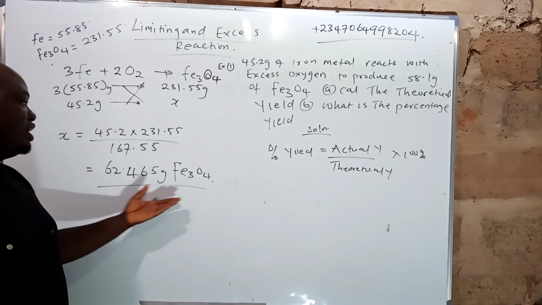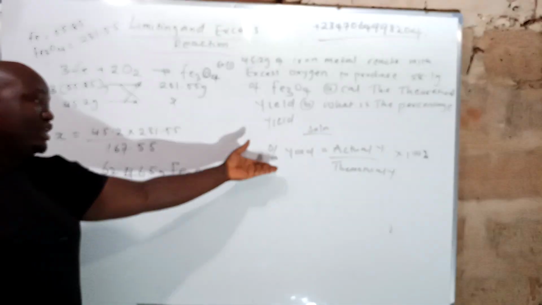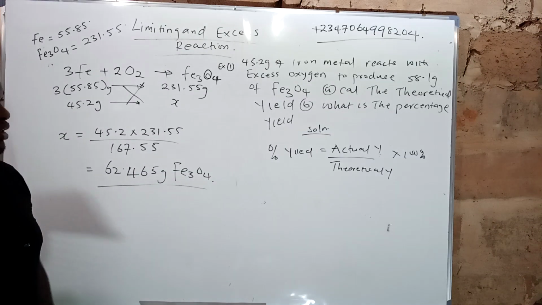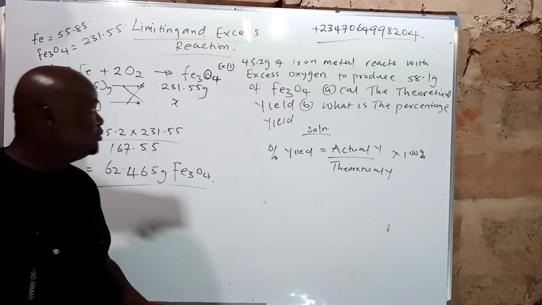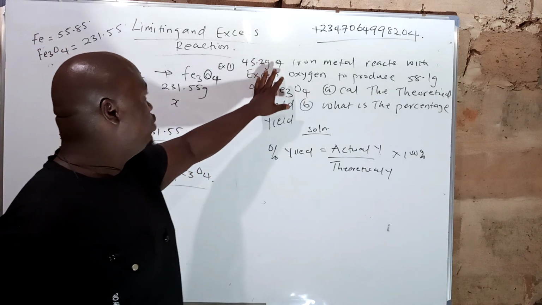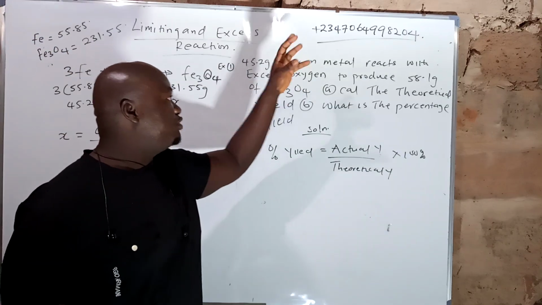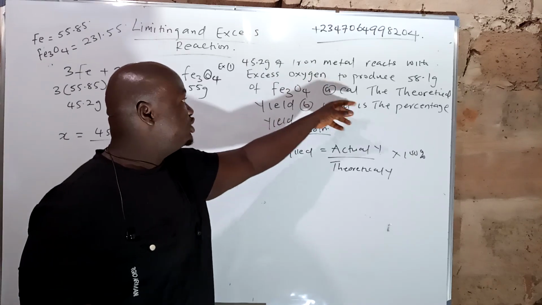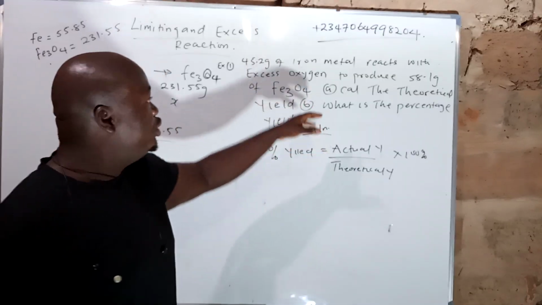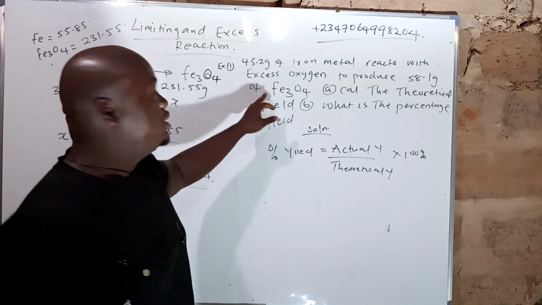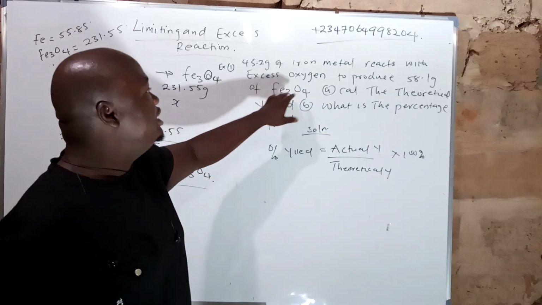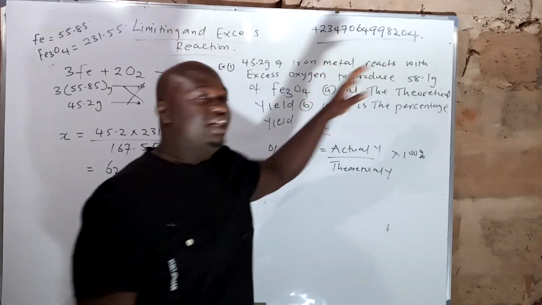And so, if you have calculated your theoretical yield, calculating the percentage yield now becomes a thing of child's play. Now, from the equation here, we have 45.2 grams of iron metal react with excess oxygen to produce 58.1 grams of this. Already they have given you the actual yield.